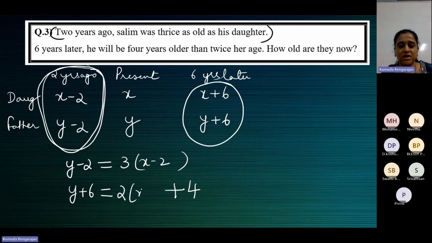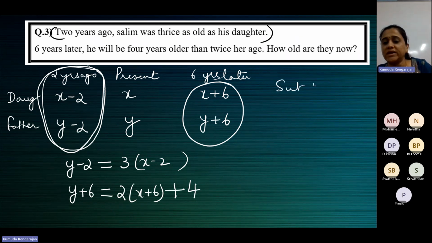See, always, whenever you have 4 years older than, whatever comes after than should be written first. Remember like that. Whatever comes after than, more than, less than, whatever comes after. See, when you have to subtract 5 from 1, how do you write this? Whatever comes after from, you write it first, no? So it's 1 minus 5.